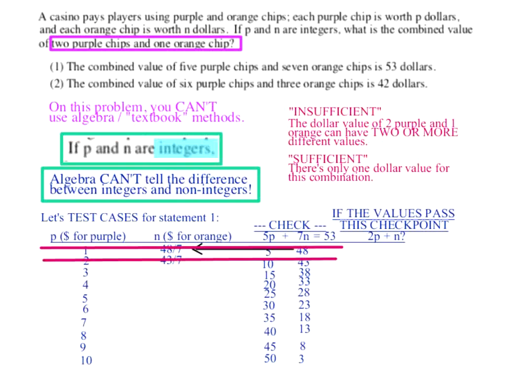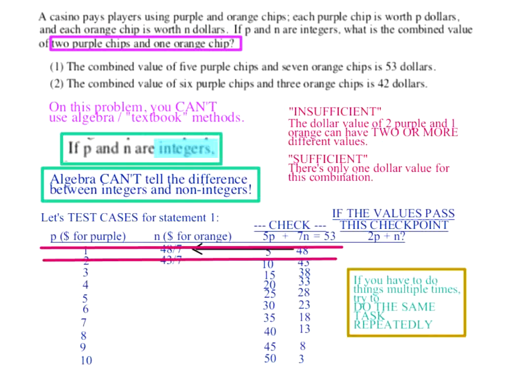So if you have to plug in a bunch of numbers like this, you should take the Henry Ford approach and do the same step in a row. Try to do the same task repeatedly, instead of going one case at a time. Like notice we did all the 5Ps at once, and we did all the 7Ns at once.